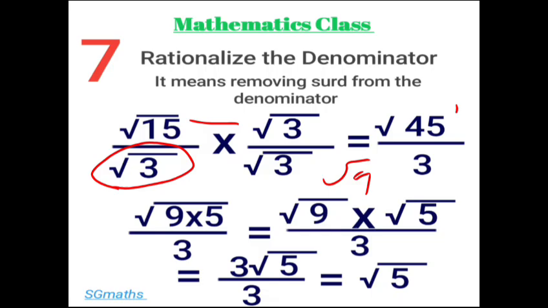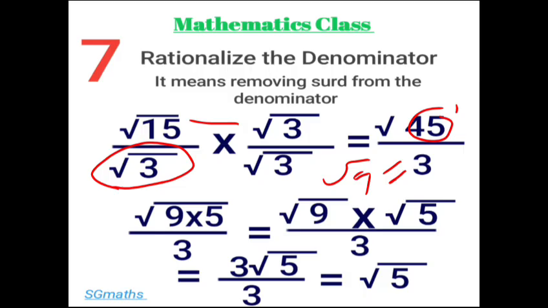When you take the square root of 9, it will give you 3. Okay, and that's how we have root 45 divided by 3. Now root 9 multiplied by 5 over root 3. How do you get that? 9 times 5 will give us 45, divided by 3. And with that, we're able to get root 9 times root 5.